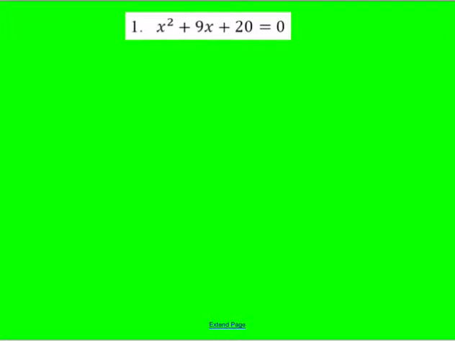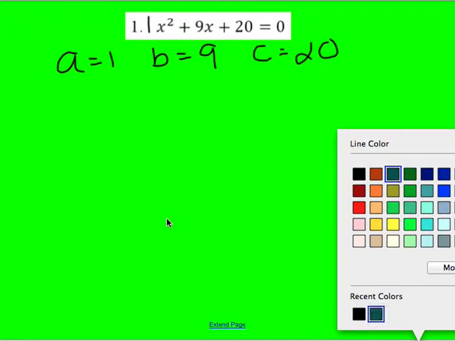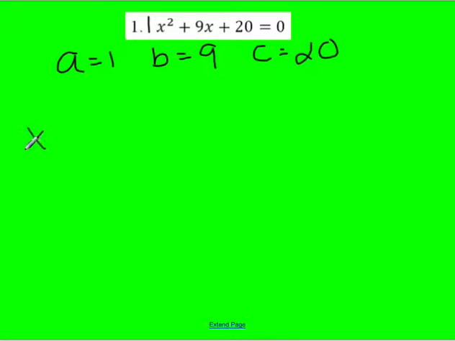So let's take a look at how we use this. When we did this, the first thing we did was to assign our A, our B, and our C values. A is always with the squared term, so A is 1, B is 9, and C is always the thing that's just a number. So now we're going to take all of those numbers and plug them into the quadratic formula.